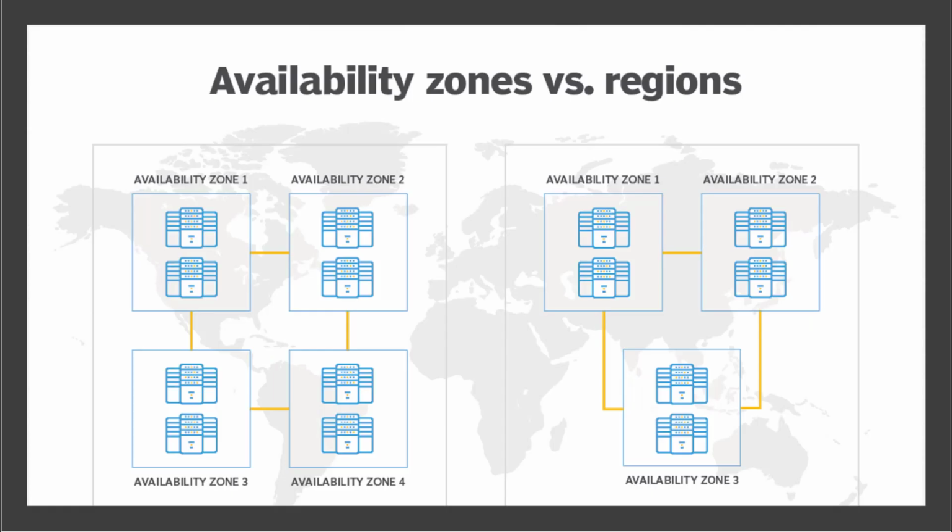As you see in this picture, for example, in one region, we have 4 AZs. AZ is an abbreviation for availability zone. We bring up a server in AZ1 and also we bring up another server as redundant in AZ2 because for any reason, if this availability zone goes down, another availability zone is in service.